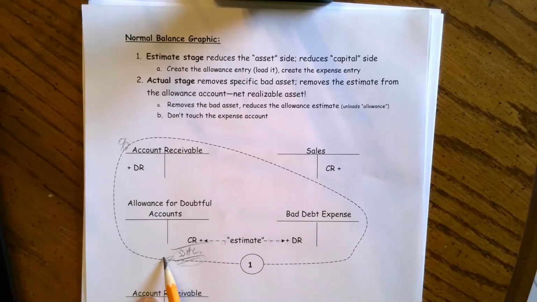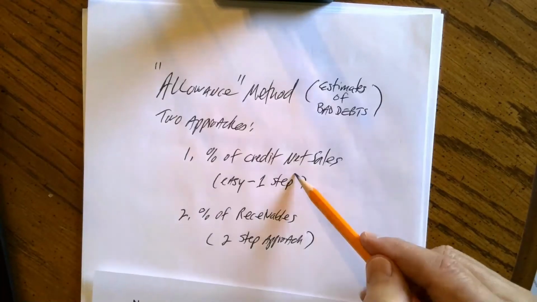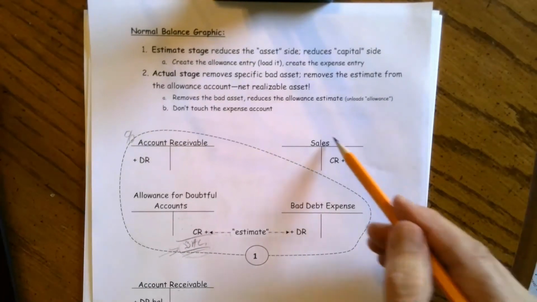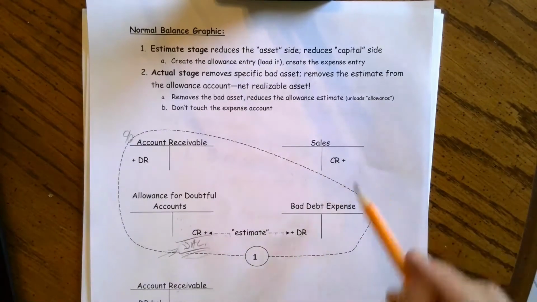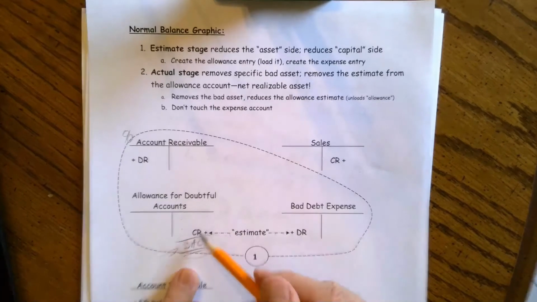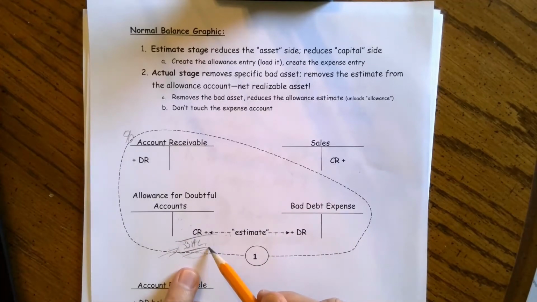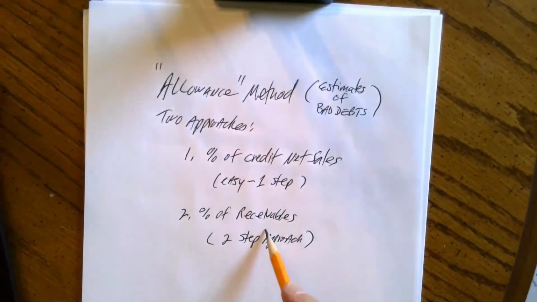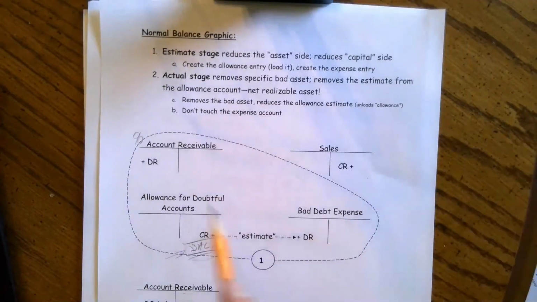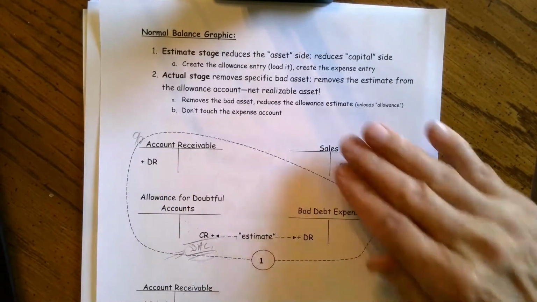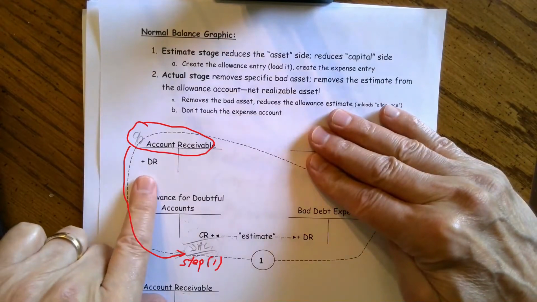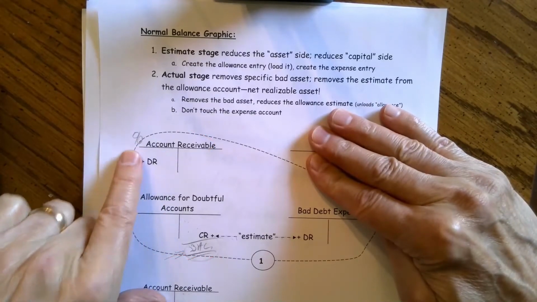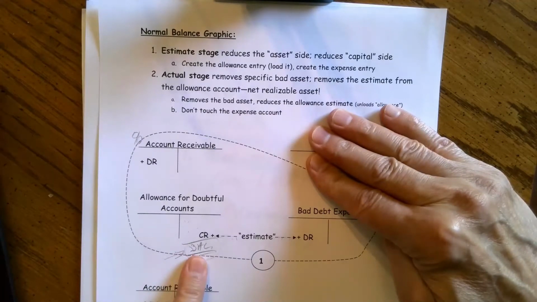to update it to get to that target balance. The first method, the percent of net credit sales, simply looks at the current period sales, takes a percent of that, and makes this entry directly, and just lets this balance move on as per normal. But the second method, percent of receivables, is balance sheet oriented, not looking at sales for the period, but at the resultant receivables and doing an estimate of that to get to an ending targeted balance, and then making whatever entry is needed to get to that balance.